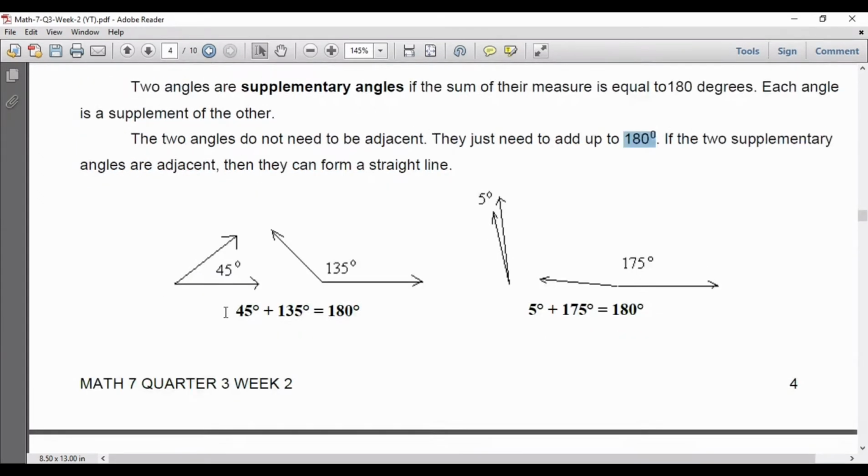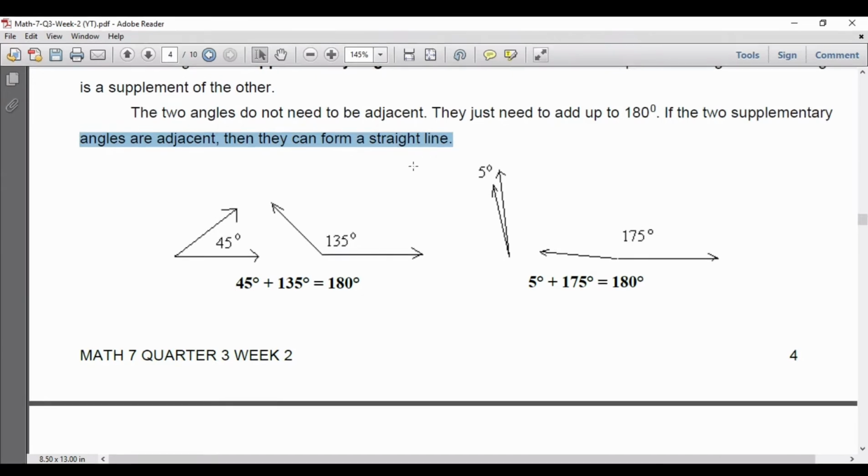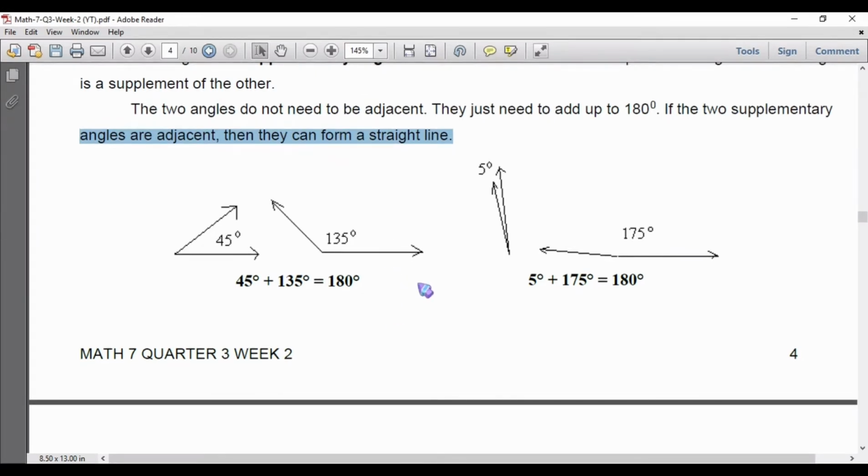So if the two supplementary angles are adjacent, then they can form a straight line. Later on, balikan natin yan. So let's highlight this one. If the two supplementary angles are adjacent, meaning magkatabi, then they can form a straight line.